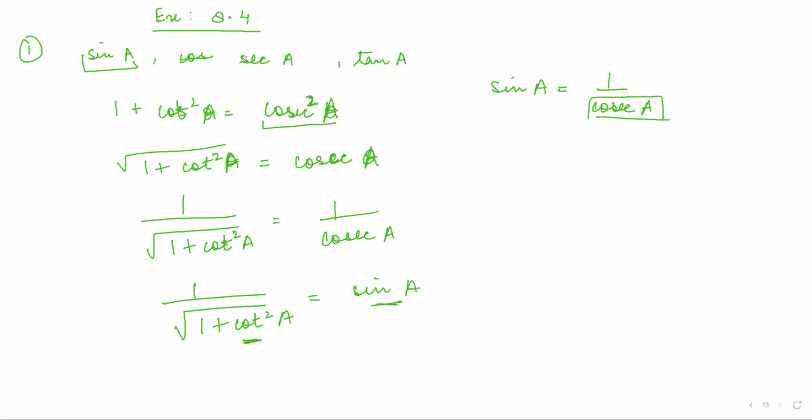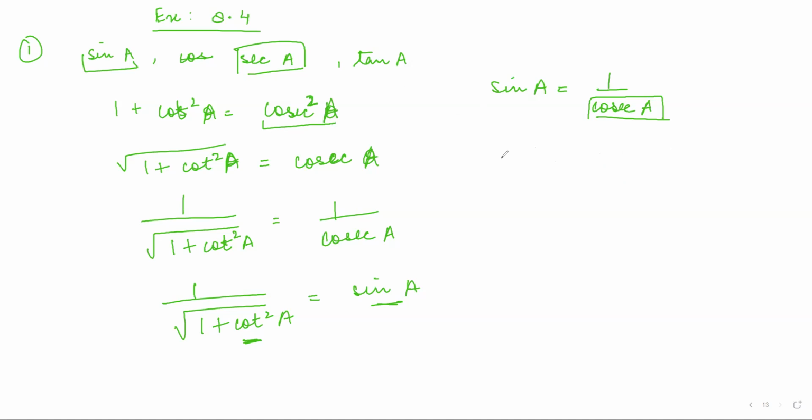Now, similarly, I want sec of A. I know that sec of A is 1 upon cos of A, but I don't want cos, so I don't even have to go here.